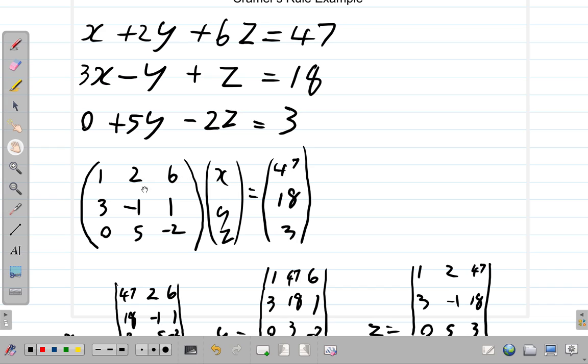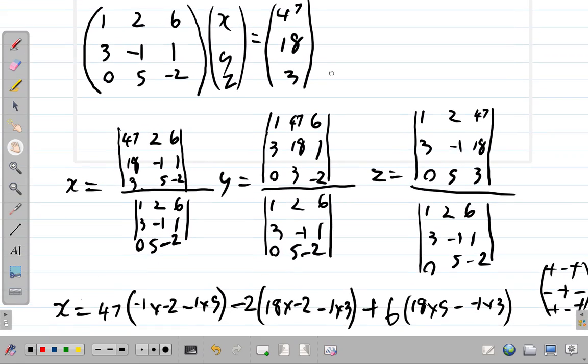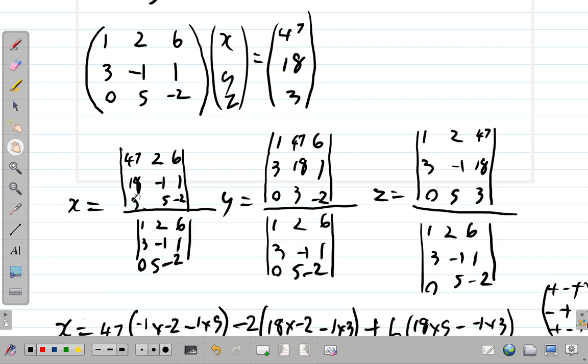Good. So 1, 2, 6, 3, negative 1, 1, 0, 5, negative 2, 47, 18, 3. Good. So we have 47, 18, 3, 2, negative 1, 5, 6, 1, negative 2, over 1, 2, 6, 3, negative 1, 1, 0, 5, negative 2. Nice.